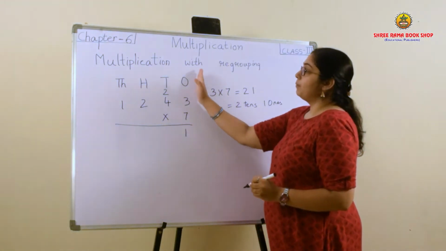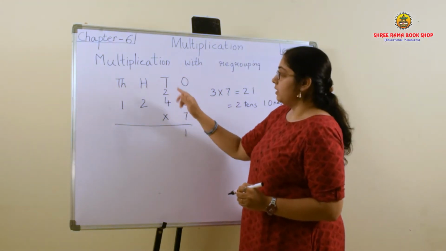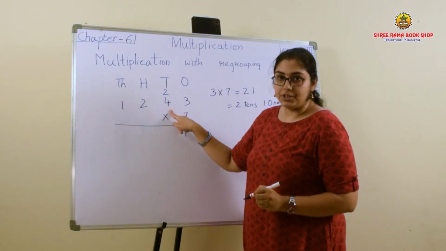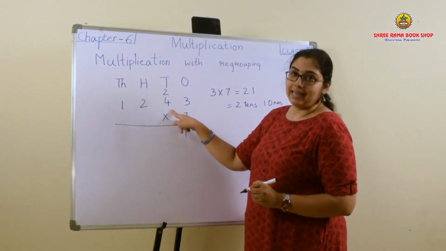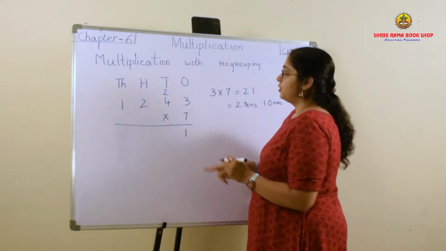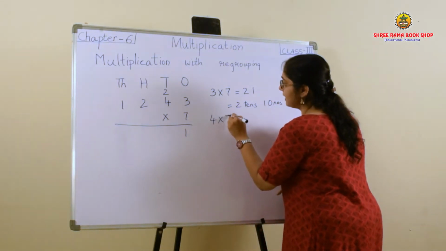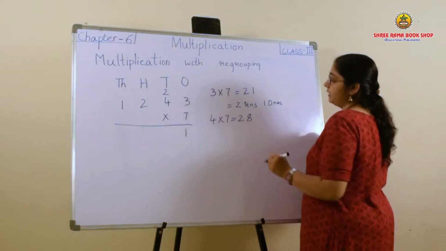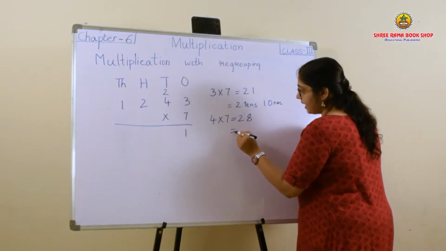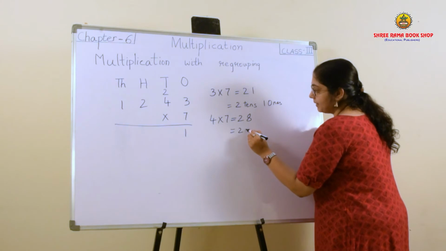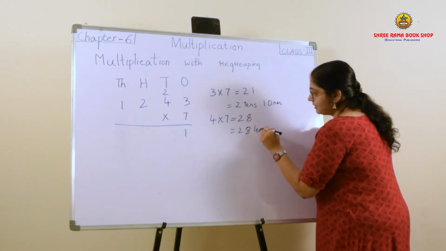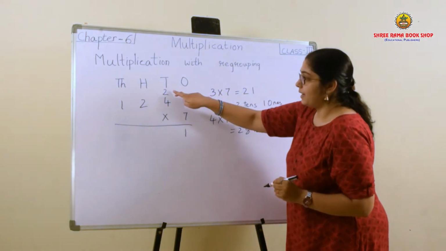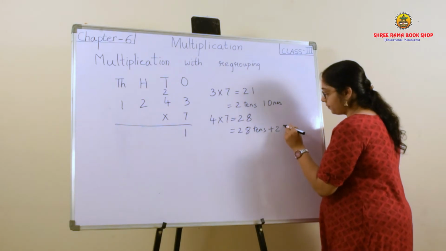Now I will be moving forward to the tens column. In tens column I have the digit 4. So I need to multiply this digit 4 with 7. So 4 into 7 is nothing but 7 4s are 28. Now I will be adding 28 tens plus the carry of 2 tens over here.